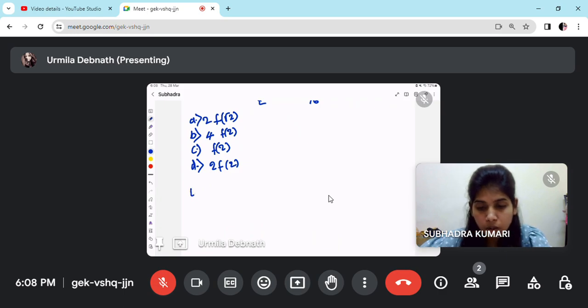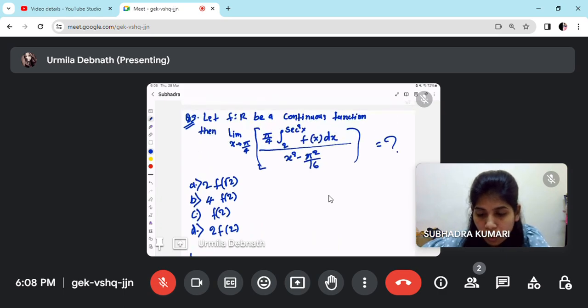Here also we can check. The limit is x tending to pi by 4. If I put pi by 4 in sec square x, sec square pi by 4 is root 2 square, that is 2. The numerator becomes the integral from 2 to 2, so the numerator goes to 0.